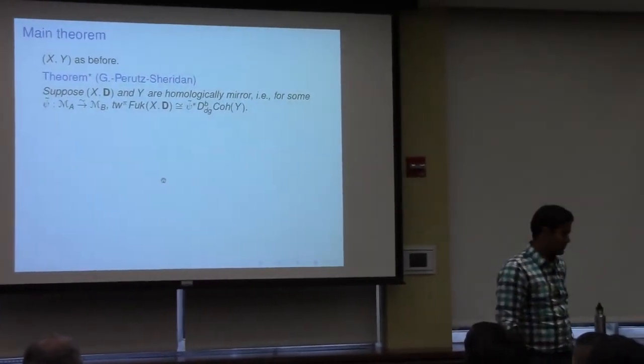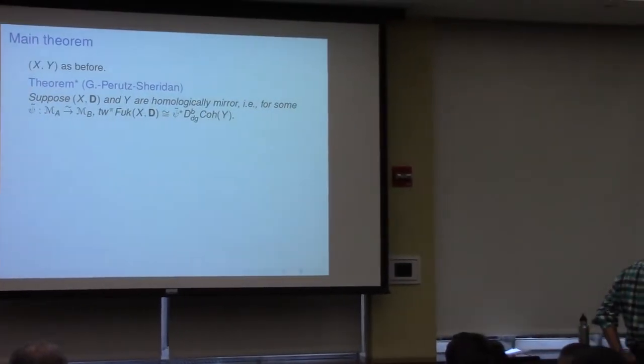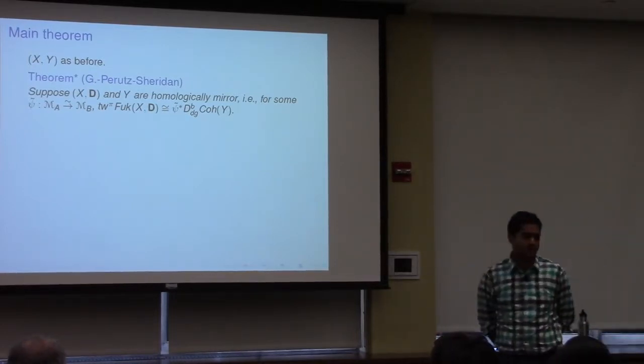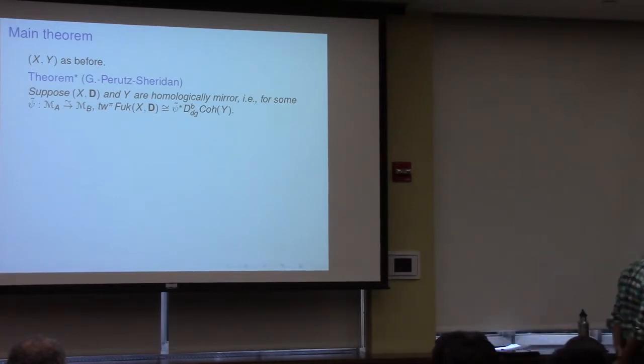Okay, so let me now state the main theorem. Let's say we have a pair X and Y as before. So X is a symplectic integral Calabi-Yau with a divisor. Y is a mirror Calabi-Yau family.